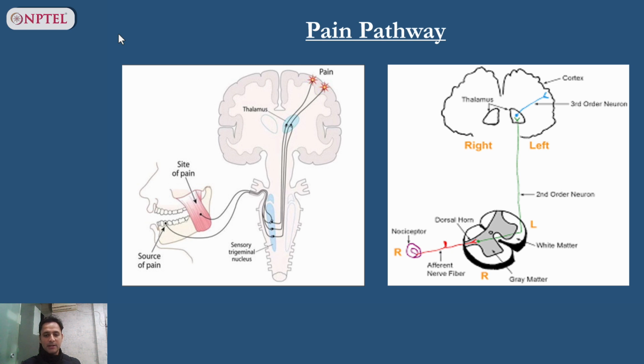Rest of all is similar. The second order neuron will start from the dorsal horn and ascend upward to the thalamus, and finally from the thalamus the third order neuron will start and terminate in the cerebral cortex. So these are the subtle differences between the pain pathway of the trigeminal system and the pain pathway in general.